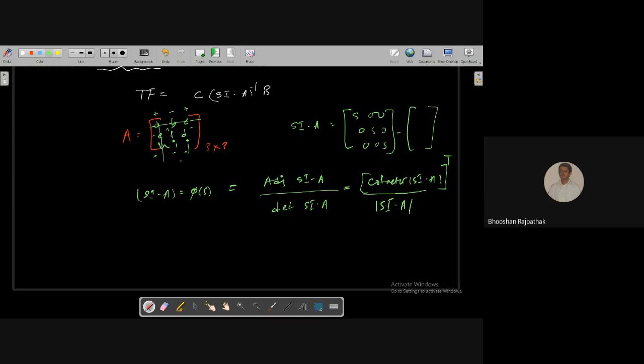This way you will multiply that determinant. That way you will get the cofactor matrix. So for every element you will get the cofactor, so 9 elements for 3 by 3 means 9 cofactors. Then you will take the transpose of it. That will be the adjoint, and then you will divide by the determinant.